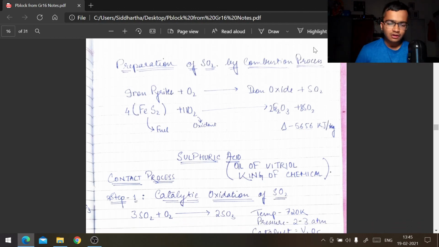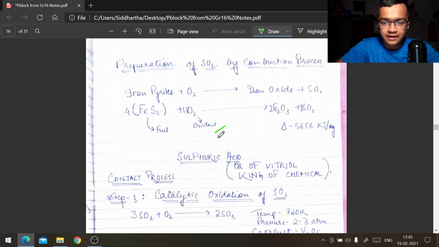If we take iron pyrites FeS2 and O2, we obtain Fe2O3. Here O2 is acting as an oxidant and FeS2 is acting as a fuel. Anything which is burning is a combustion. If you cut the oxygen supply, then no burning can occur.